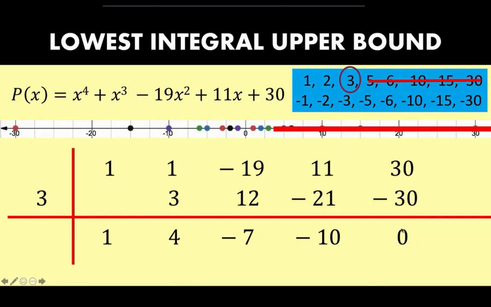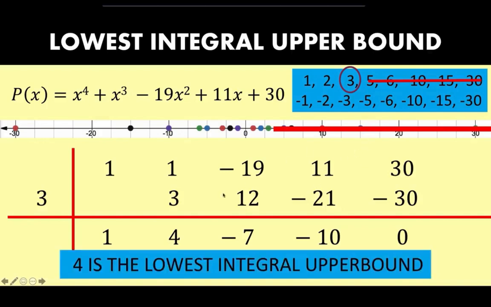So using the remainder theorem, we now conclude that 3 is a rational root. 3 is not an upper bound, but 3 is the root that we are looking for. So we now found one solution, that is x equals 3. And by knowing that x equals 3 is a solution, then 4 must be the lowest integral upper bound. Any value of x greater than 4 is an upper bound, and 4 is the lowest integral upper bound.